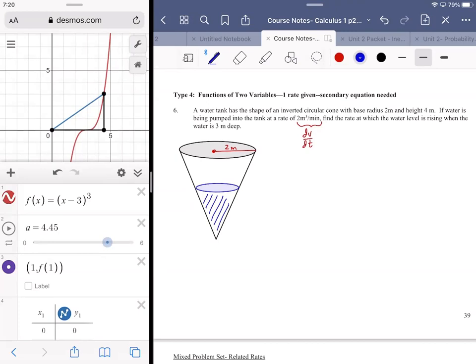So somebody's pouring water in. I don't know what it looks like to pour water in, but there you go. Water's going in. It's filling up. Splashing, yay, okay. All right, that's enough of that. So it's filling up. We want to know how fast that water level is rising, right? The water level will be 3 meters deep at some point. We want to know how fast it's increasing, because we know that the water level is increasing.